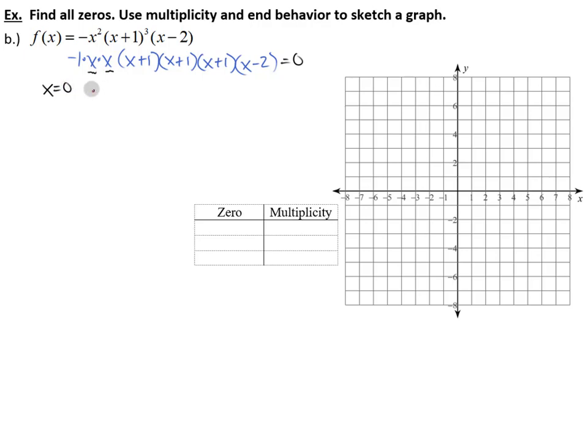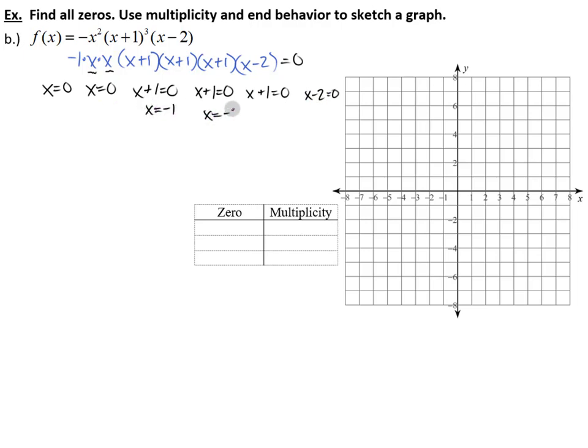Either x equals 0, x equals 0 again, x plus 1 equals 0. I can write that. Or x plus 1 equals 0. Right, we would do the x plus 1s 3 times, which is going to give me the same answer 3 times. And then x minus 2 equals 0. Okay, so all of our solutions: subtracting 1 here would give me negative 1.